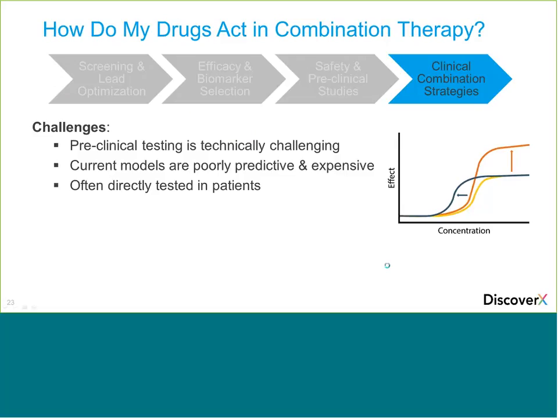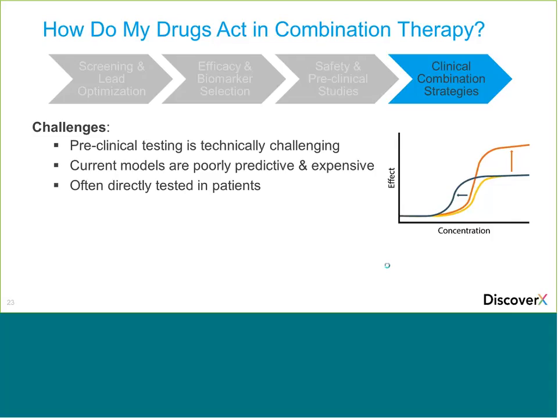So at this point now, you've screened for and identified a molecule that is safe and efficacious. A question that the cancer immunotherapy field as a whole is hurtling towards at a very, very high speed is, how does my drug perform in combination with drug X or with other molecules that might already be in the clinic or are being developed at the same time?